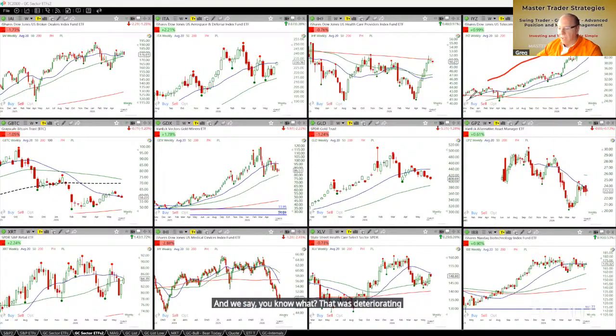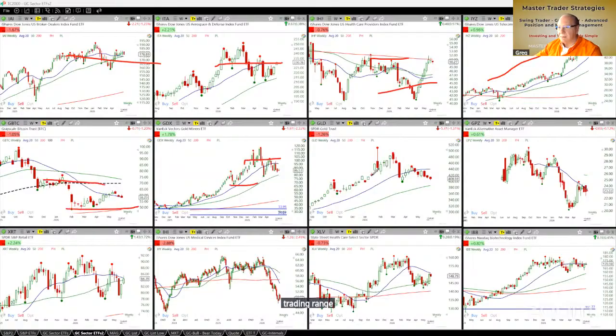S&P 500 is going up, and the gauge is not. What's going on? Well, sideways, trading range, trading range. Bitcoin and gold doing nothing.